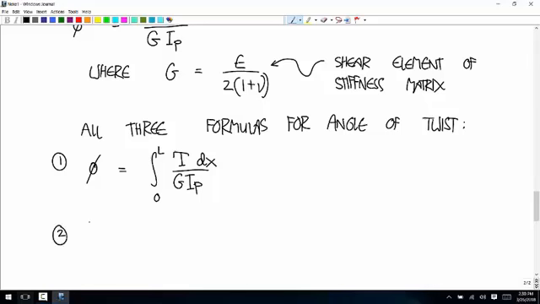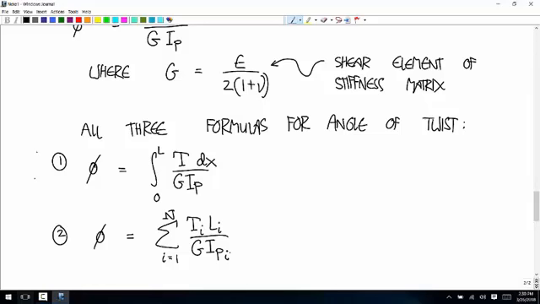And then there's the one for piecewise constant internal torques. And that's just the sum from i equals 1 to N of T sub i, L sub i over G, I sub P. And I guess you could have geometric changes as you go along, so this could also be an i.